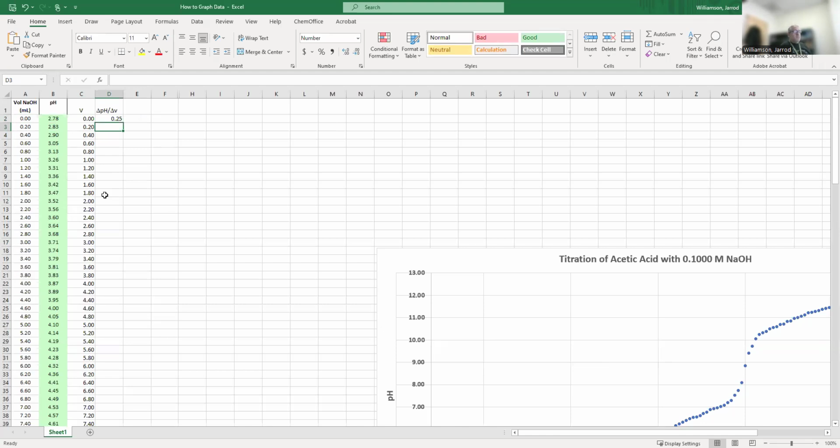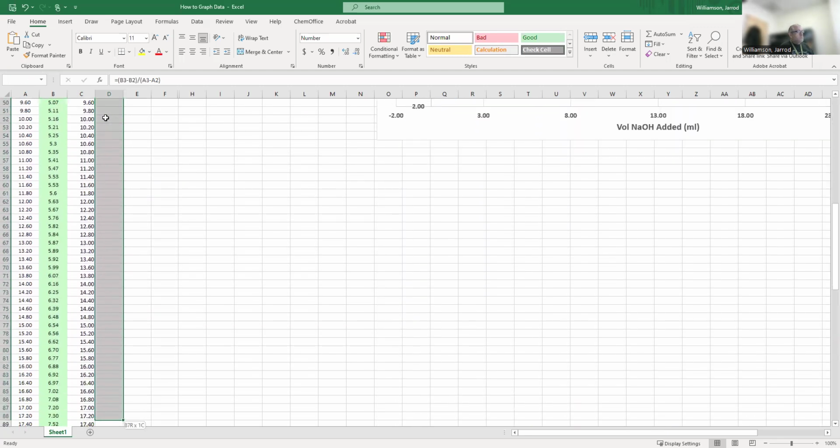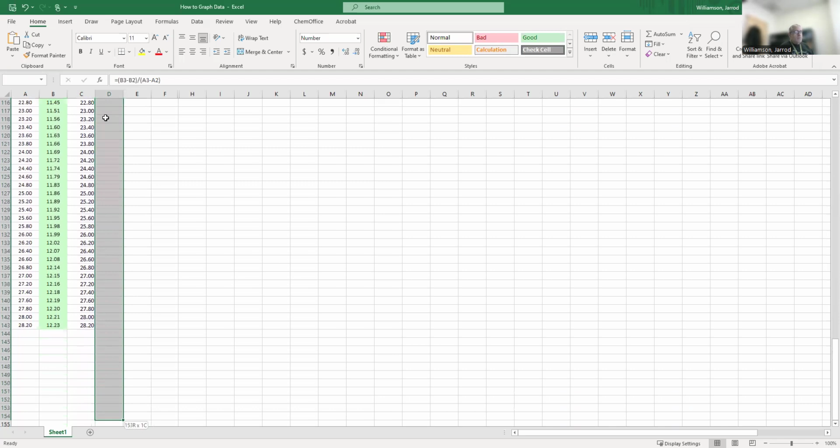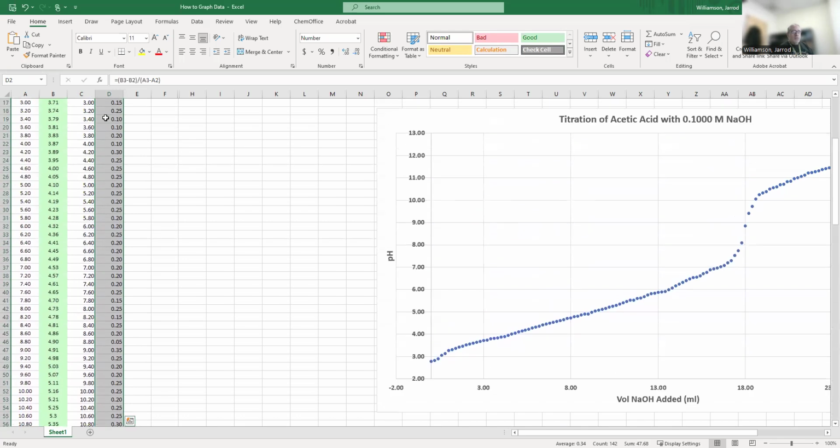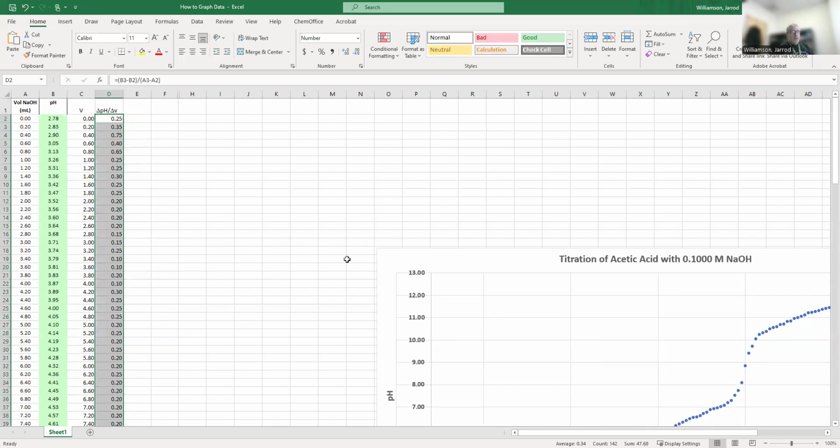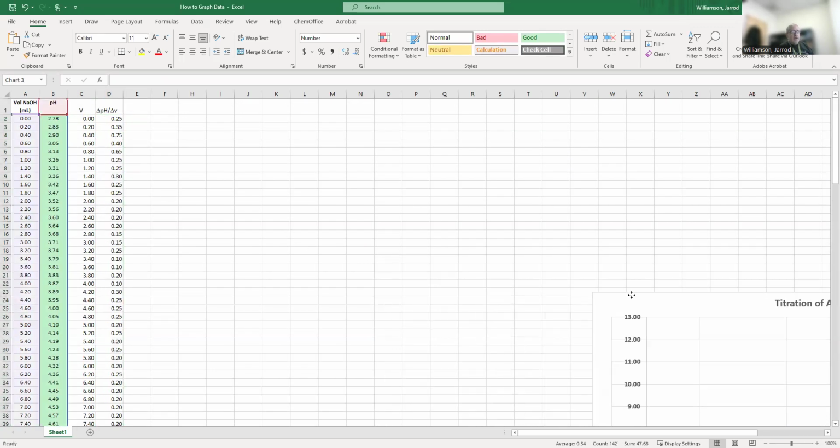And that is the first derivative between these 2 points, or an approximation of the first derivative. Now I'm going to hit shift, down arrow, Control D for copy down. Okay, and I'm going to move this further out of the way for now.